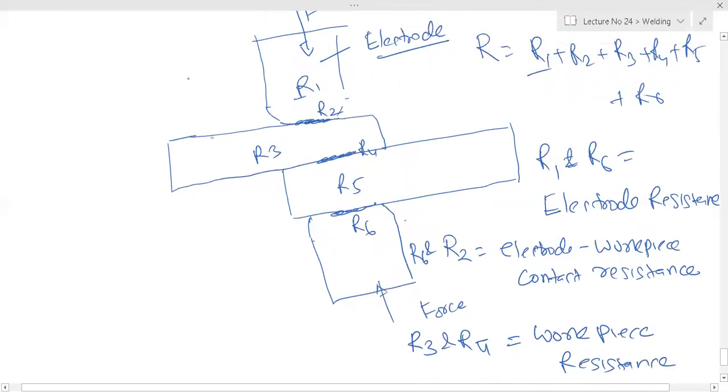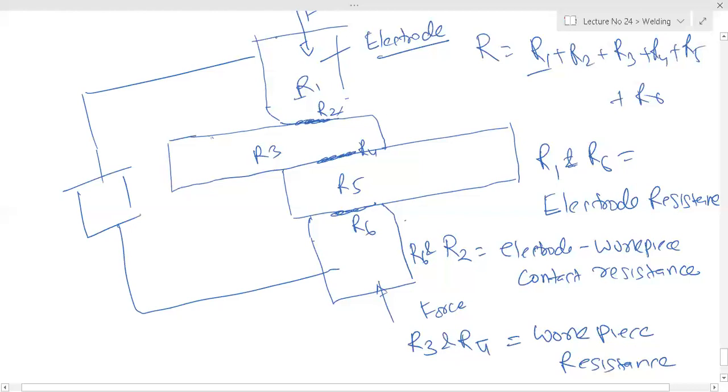So when current passes through this, right now we have a power source. So when current passes, current has to pass through all these resistances.